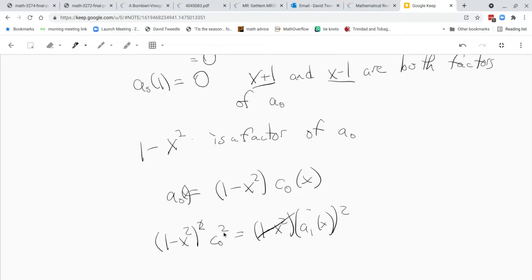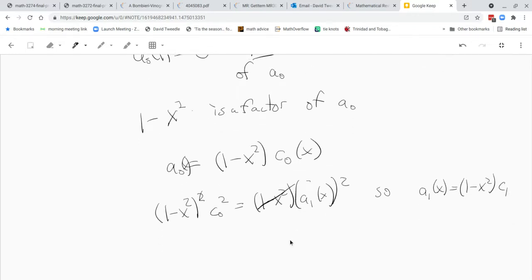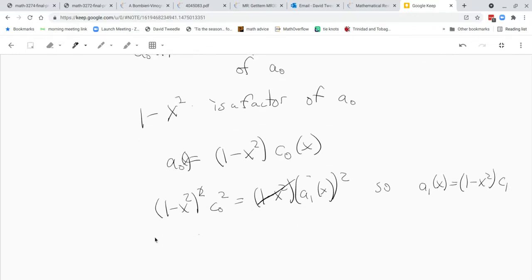So you substitute both sides and you cancel. By the same argument, a1 of x is 1 minus x squared times c1. Then the same thing happens, and this cancels with this.